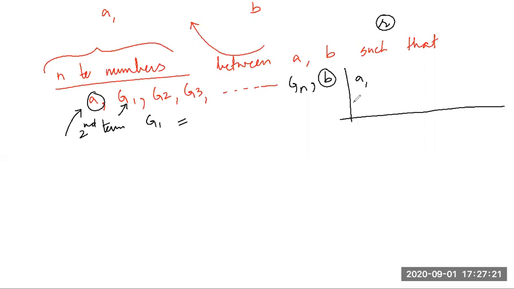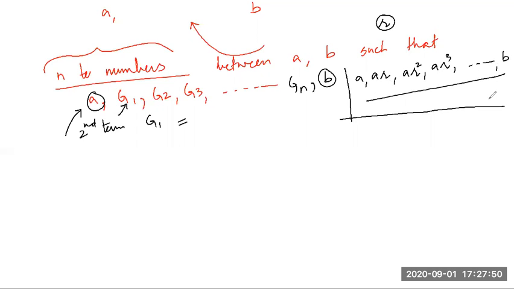How do we write the second term? By multiplying the first term with the common ratio. So we get the second term as AR. The third term will be AR square, AR cube, and the last term of the geometric progression will be B, right?